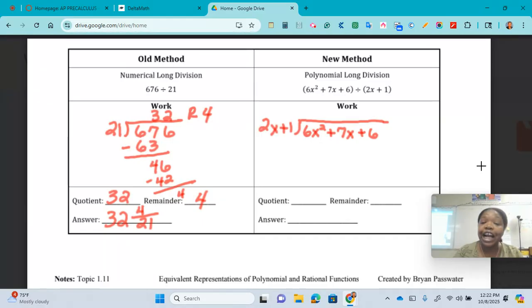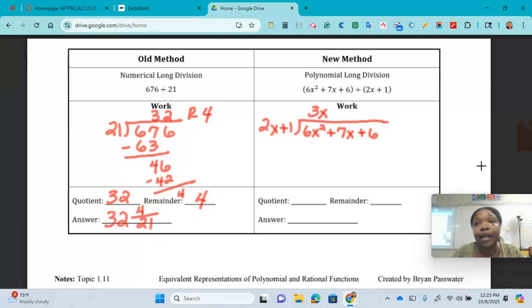First thing, how many times does 2x go into the 6x squared? 3 times, and how can I get that squared? 3x. We're doing this the same way.